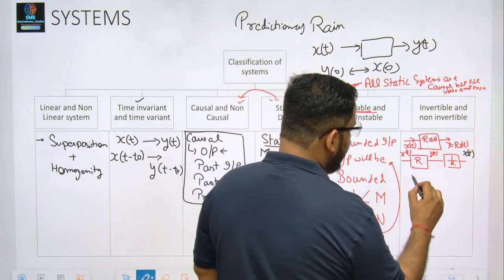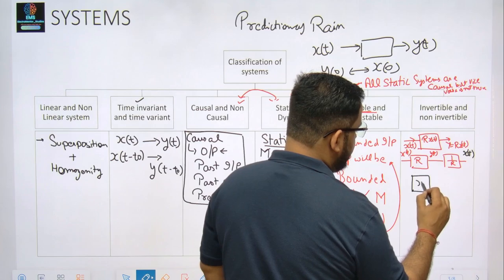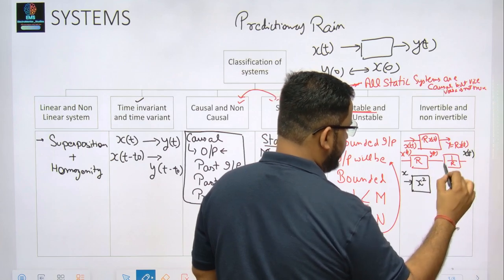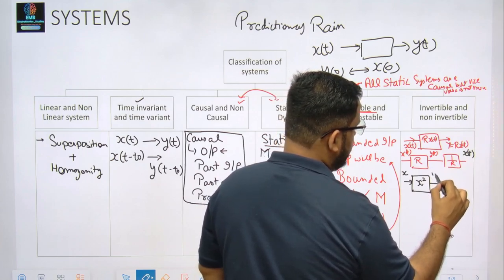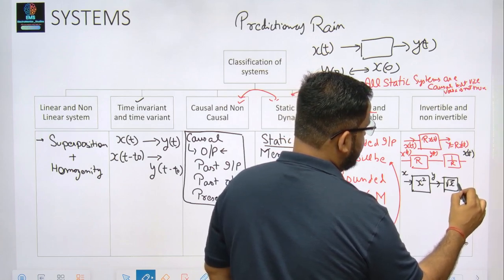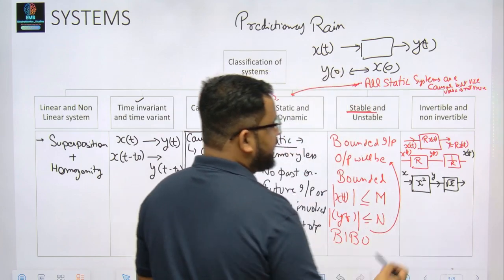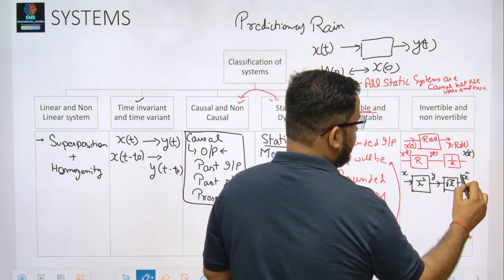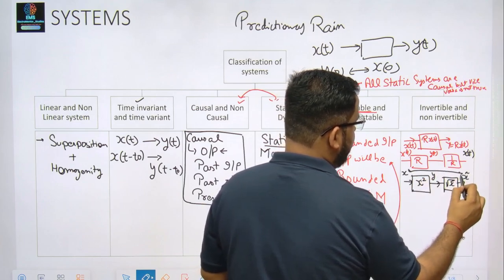But if I have a system which does x square, let us say x is the input, t or n, doesn't matter, it gives me y. Even though I place a circuit which does under root of x, this x cap may and may not be equal.